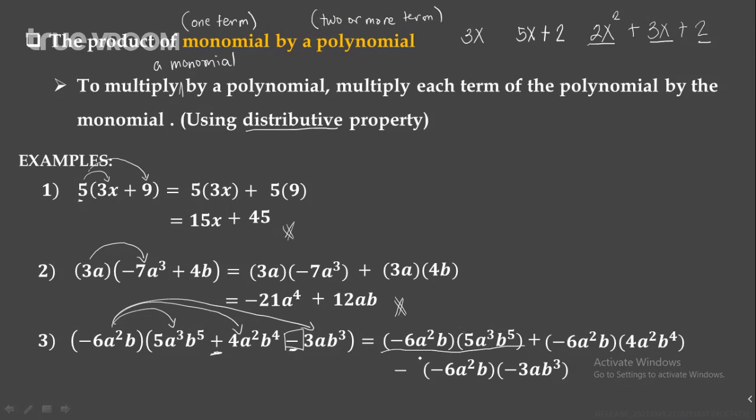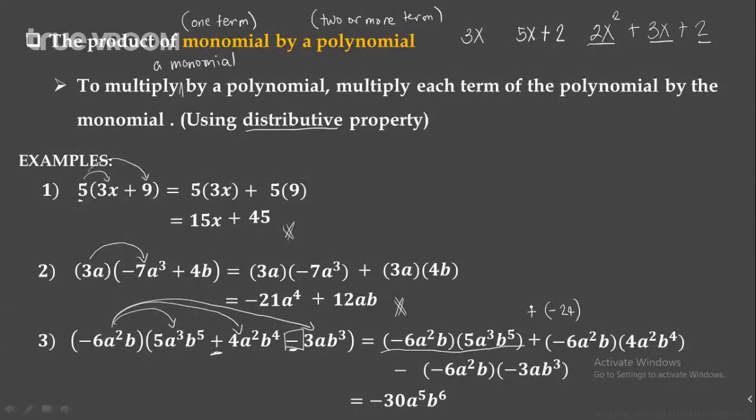Negative 30a raised to 5, b raised to 6. Very good. Next, copy the symbol, plus. Negative 6 times 4, negative 24.